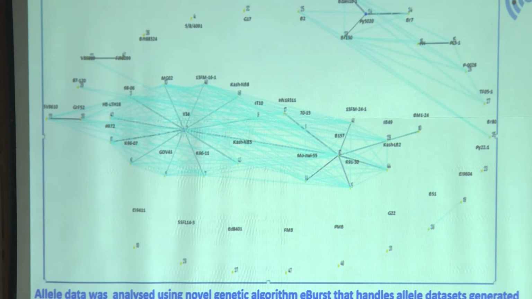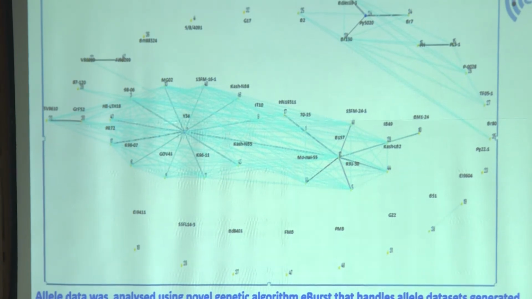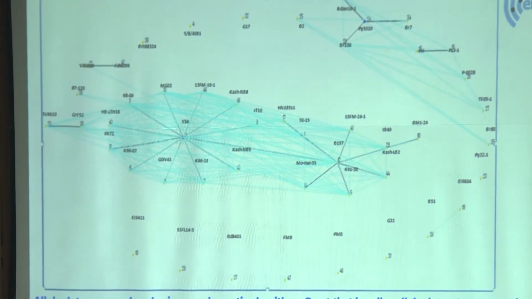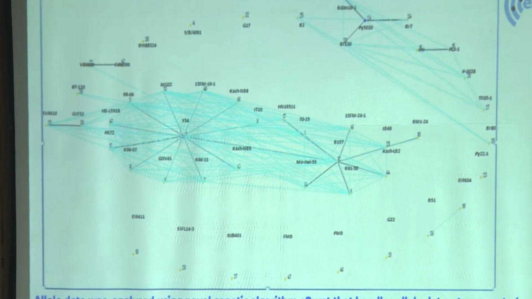You got it? You are tracing the origin of the isolate. The isolate which gave birth to other isolates, and they had an independent evolution later on. They evolve. So, in population genetic analysis, this allele data with the eBURST algorithm is one of the most valuable tools.